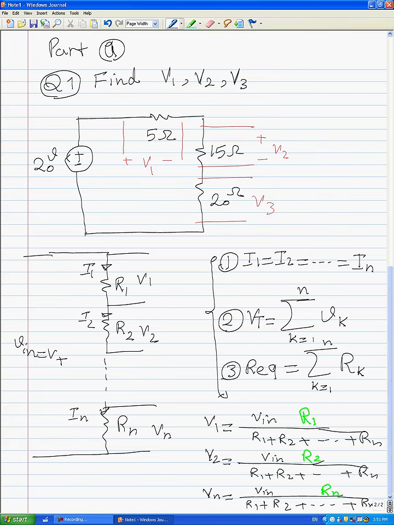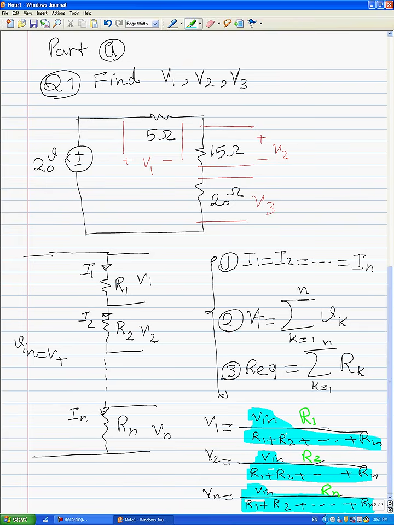In order to summarize and memorize this rule, you can see this part is the same as this part for V1, V2, and for Vn.